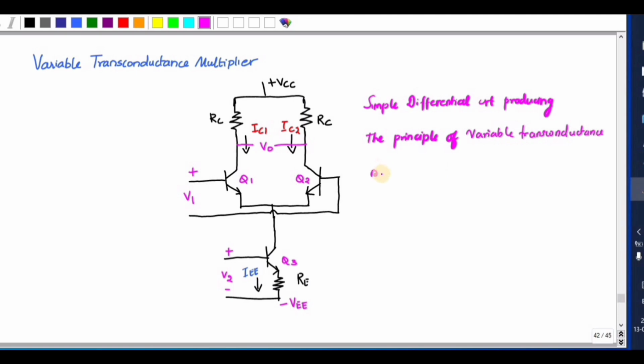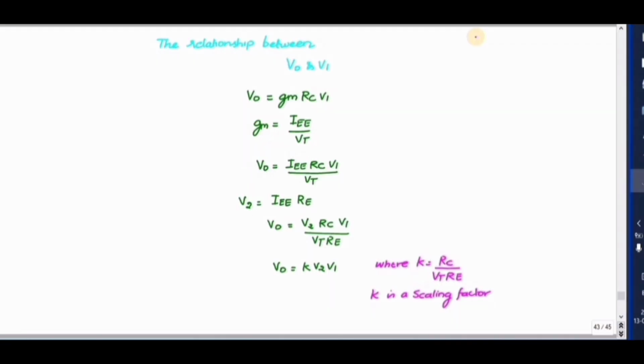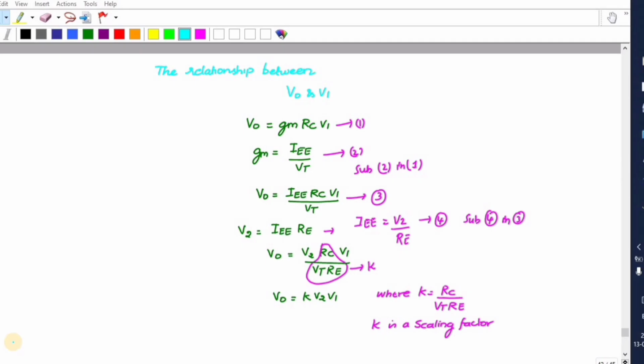If you see the diagram, I can write V0 is equal to Gm RC VR, right? This is the relation between V0 and V1. So this is my first equation.